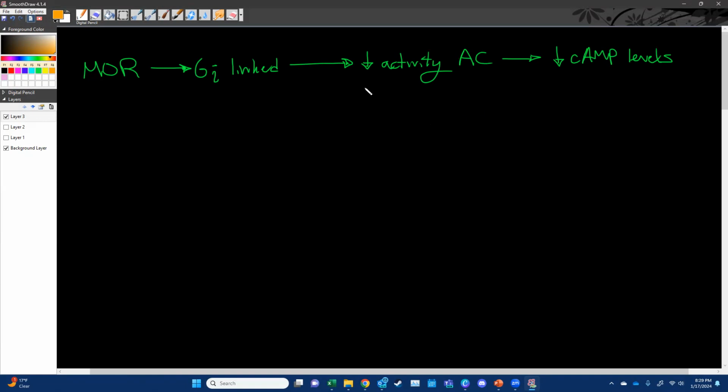So over time, the body will induce adenylate cyclase production. So it says, normally this neuron only has 10 adenylate cyclases. Now we're going to make it have 20. And so what this is going to do is it's going to cause a rise in cAMP levels.